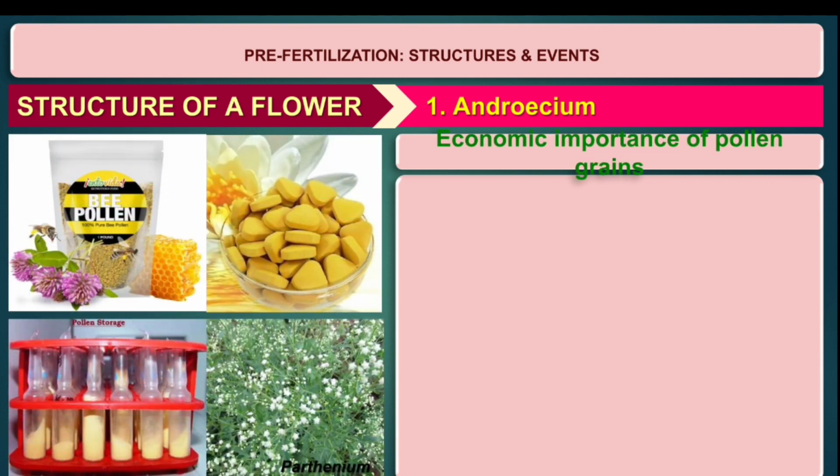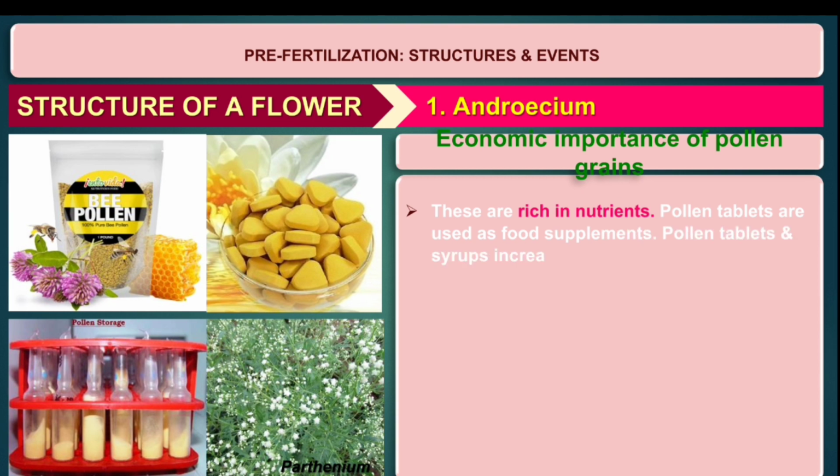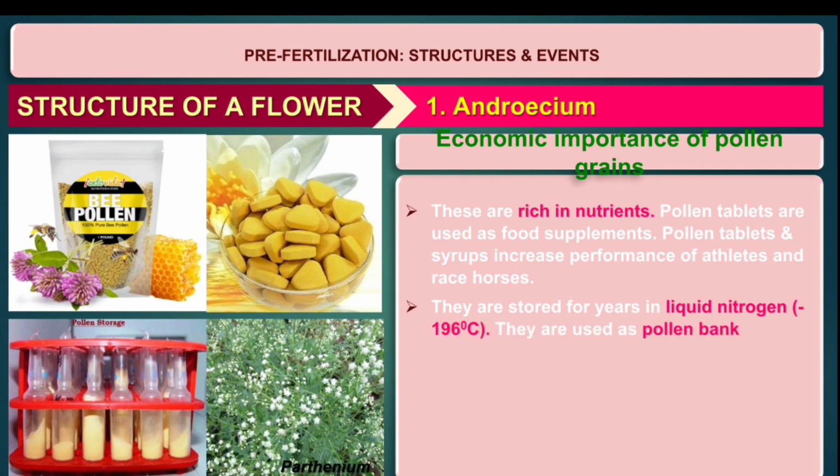Now let us discuss some of the economic importance of pollen grains. These are rich in nutrients, so pollen tablets are used as food supplements. Pollen tablets and syrups are available, so that they can increase the performance of athletes as well as race horses. Pollen grains are stored for years in liquid nitrogen at around minus 160 degrees Celsius and used as a pollen bank.